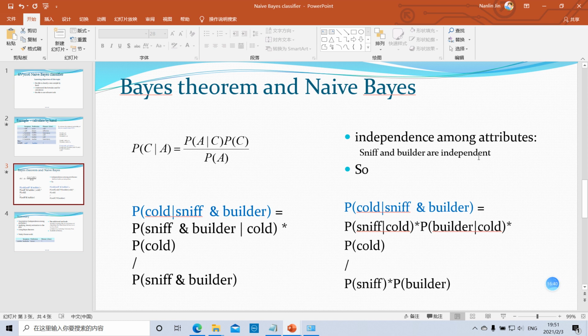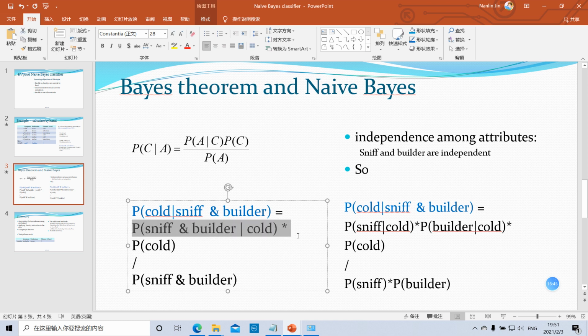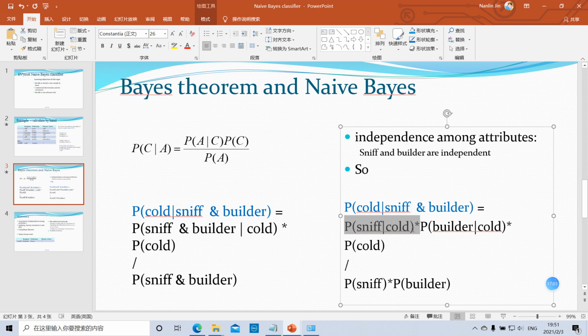Because of this, we can revise the formula in order to address the situation where we don't have any record that lets us calculate the probability of sniff and builder conditioned on the class. Because they're independent, we calculate the probability of sniff given the class, then builder given the class, and we multiply them together because they are independent.